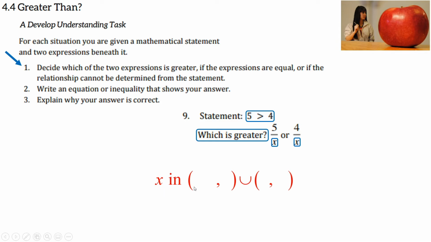X is in the open interval, and this is called a union. I'm giving you some advanced mathematics, but x can be any number but 0. So x is in negative infinity to 0, but that parenthesis tells me I can't reach the 0, union 0 to infinity. This is a fancy way to say x cannot equal 0. It can be any other real number.